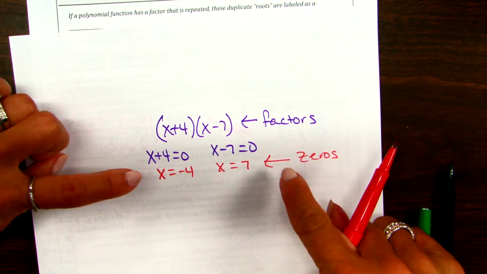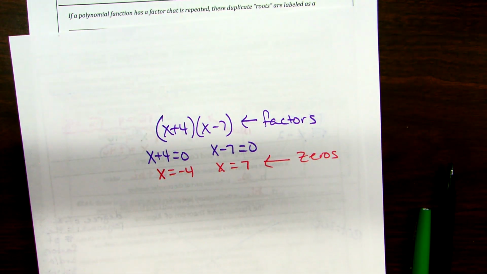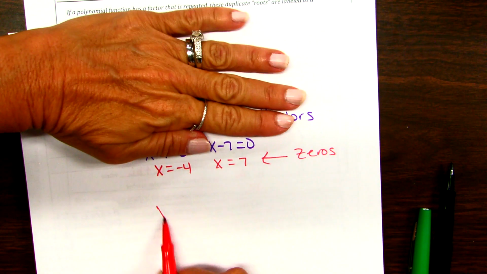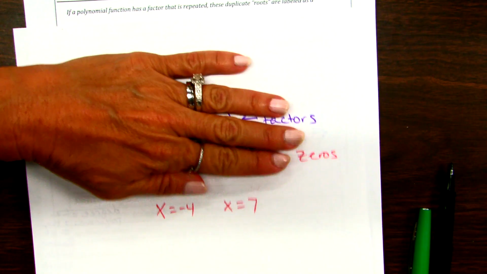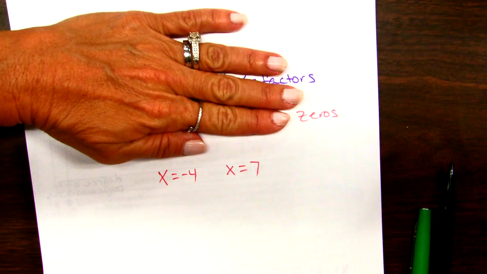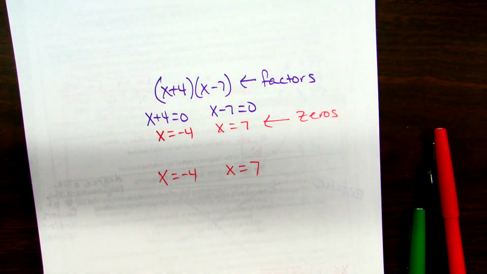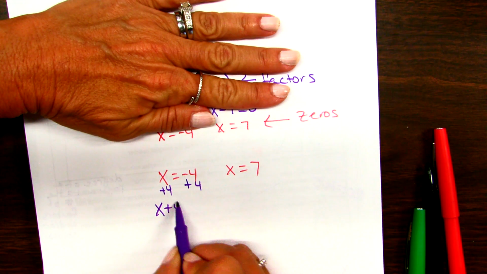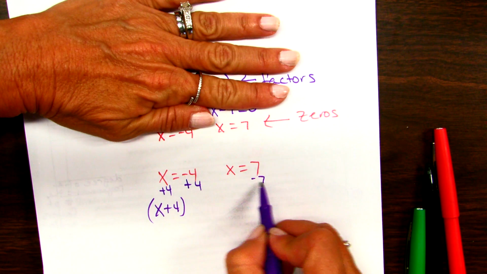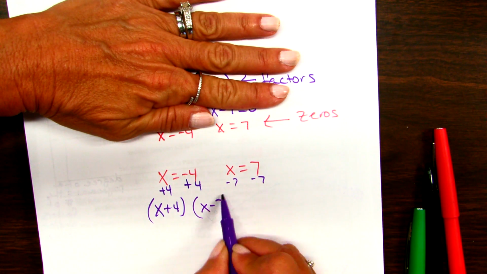Factored form to zeros. Let's work in reverse. What if I said, here are some solutions, write them in factored form? What would we do to work backwards? You would just undo what you just did. Bring the 4 back to the other side. Now in factored form. Bring the 7 to the other side.